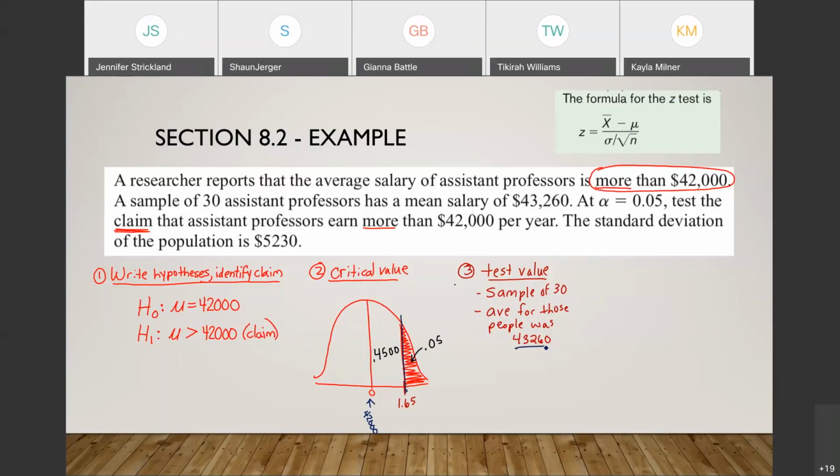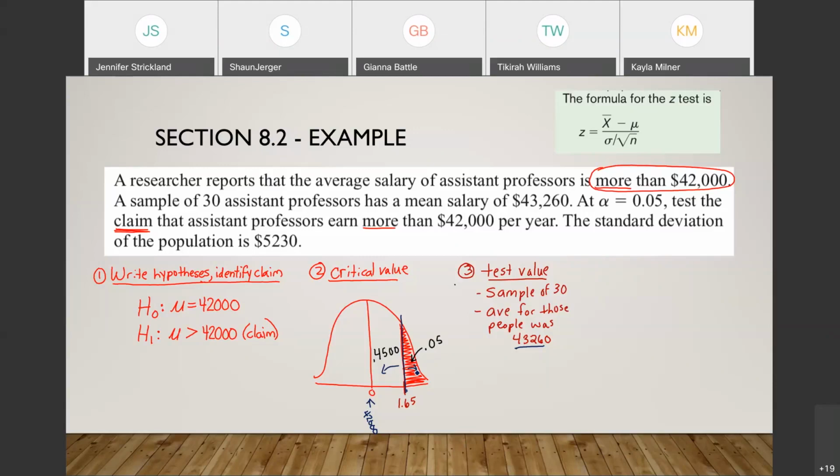So what I need to figure out is which side of the line 43,260 is on. Is it in this part right here where I'm saying I don't care, or is it over here where I'm going to go tell him he's wrong? The problem is, the only thing I can compare it to is that z-score of 1.65. So I don't really know until I convert it.